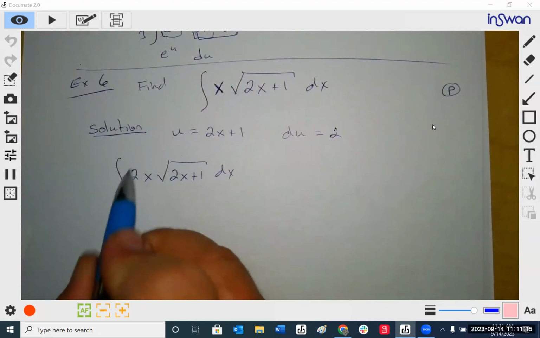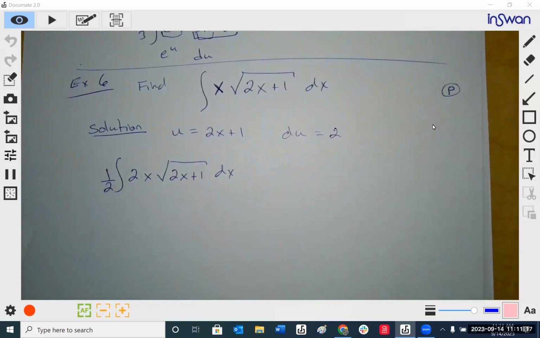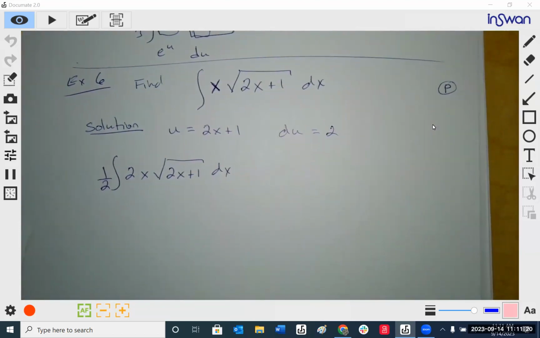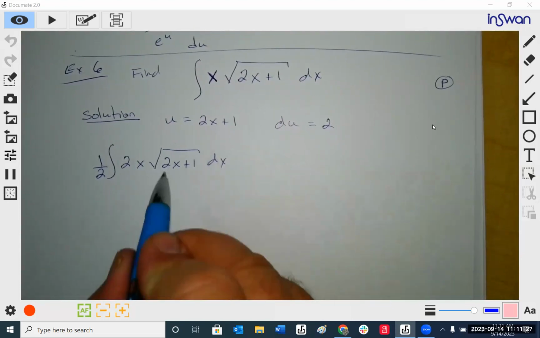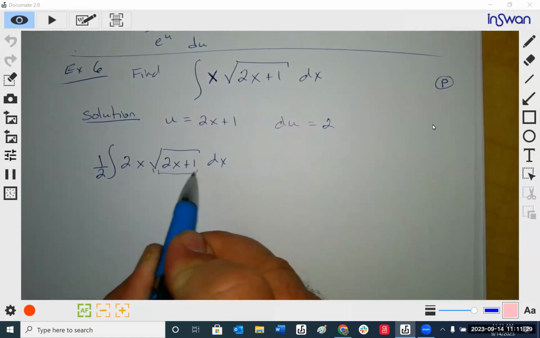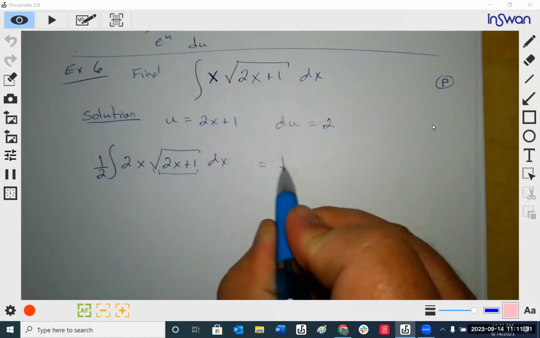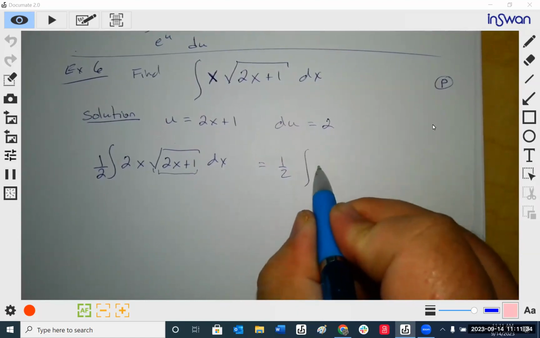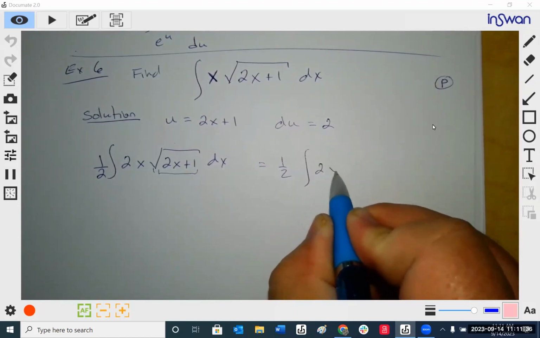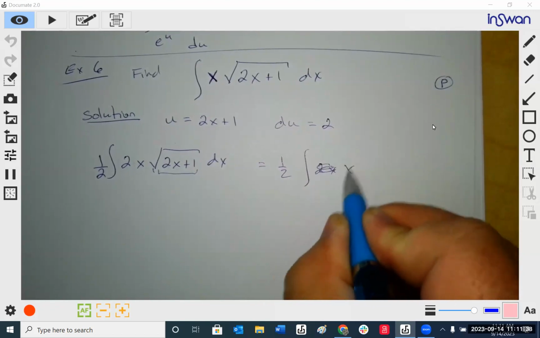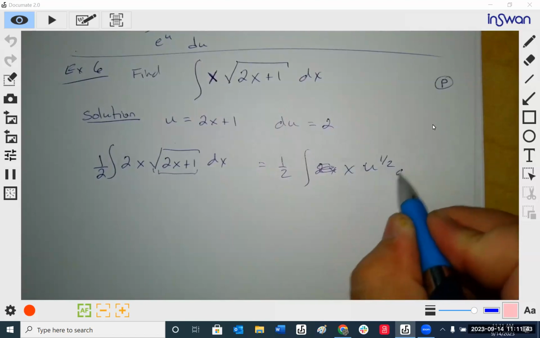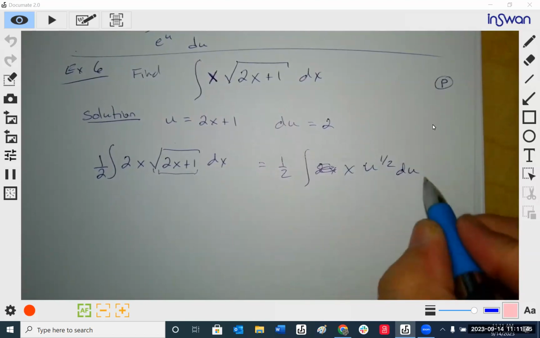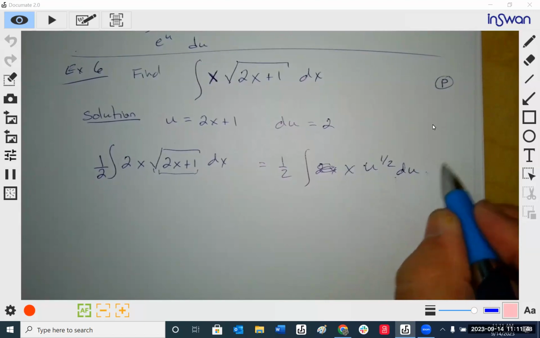Since we have a 2, we have to cancel it out by putting a 1/2 in front. So we have x times u to the power 1/2 du dx.